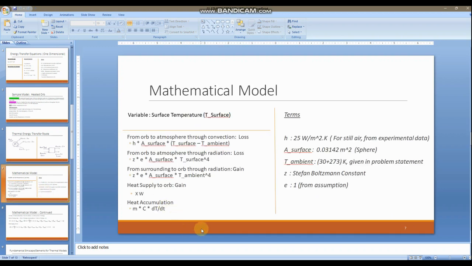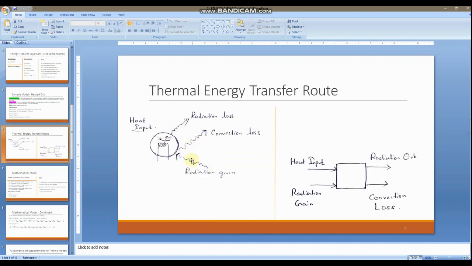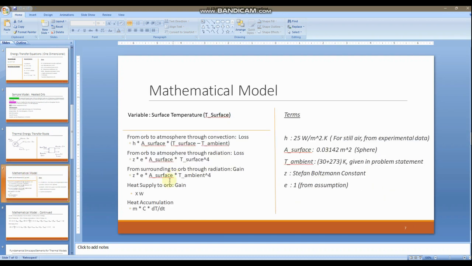Right. So we have three conduits of energy transfer and one energy accumulator, which is the orb. We'll write down the equation that I have already given to you for each and every one of these conduits, and for the accumulation, we will replace the terms as necessary.